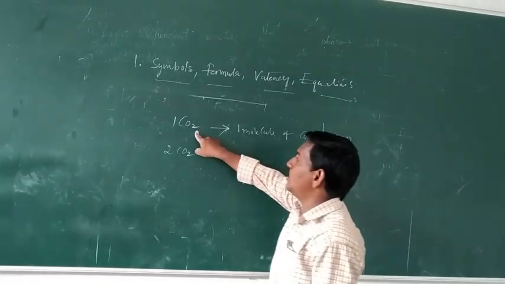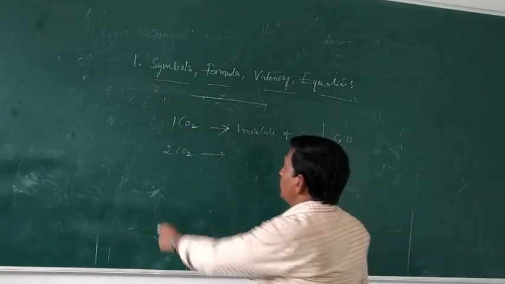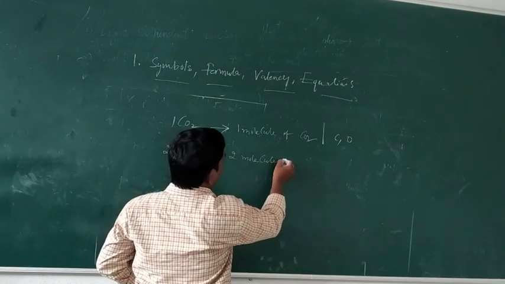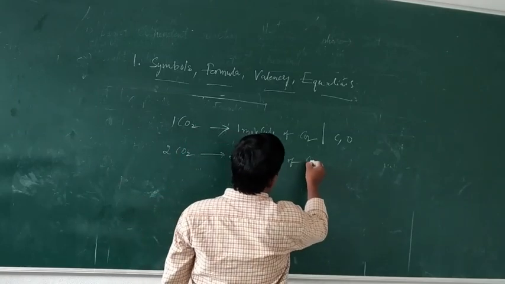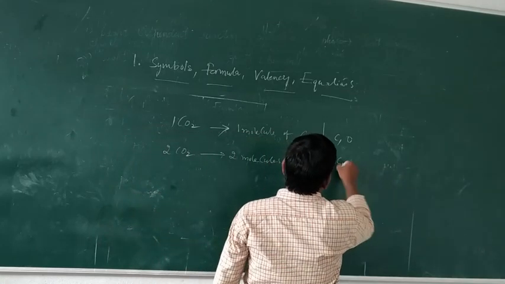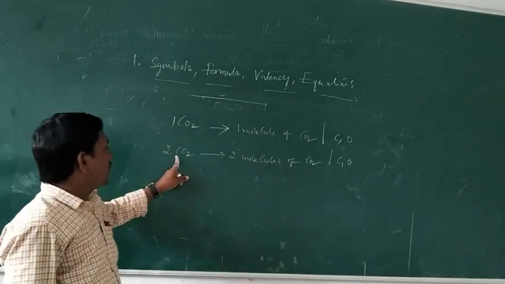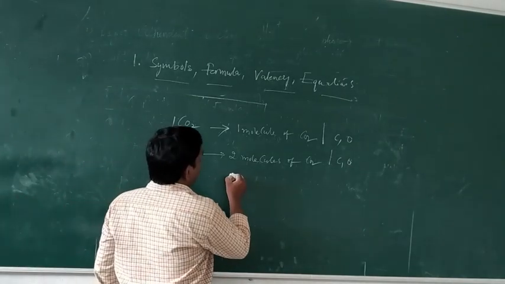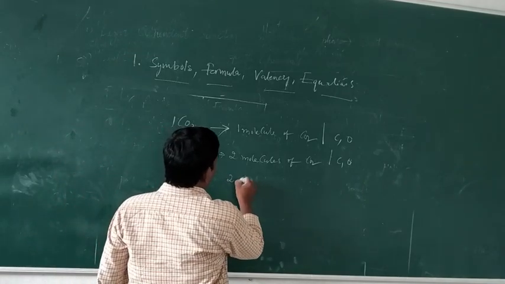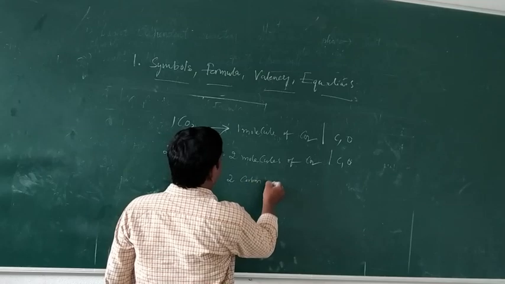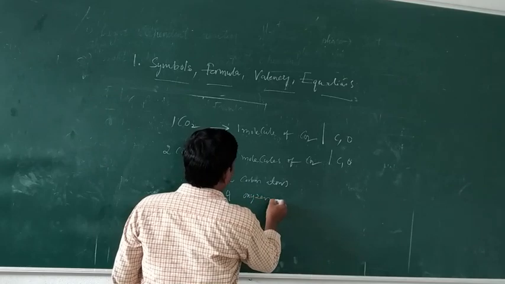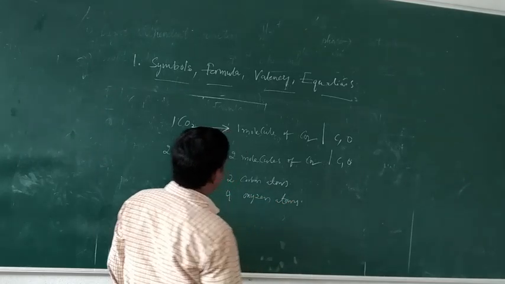There are two atoms of oxygen. Here, two molecules of CO2. Which elements are there? Carbon and oxygen. How many carbon atoms? There are two carbon atoms and four oxygen atoms present in it.